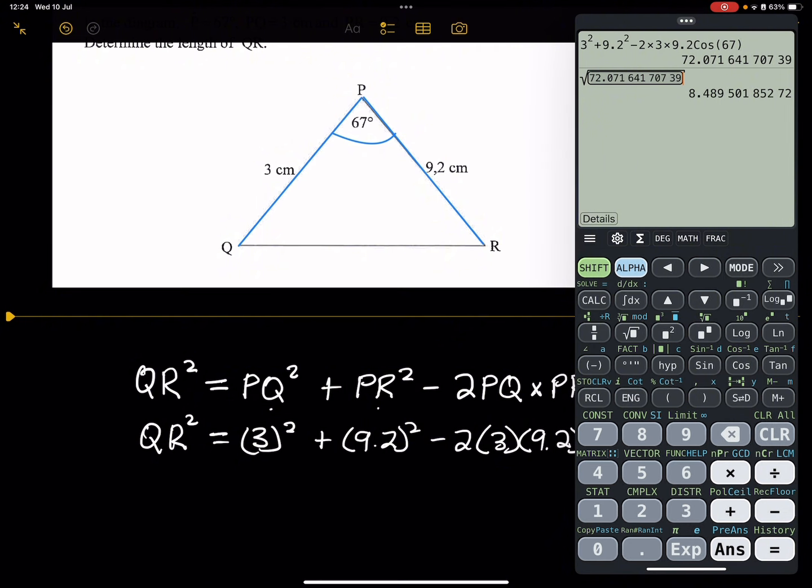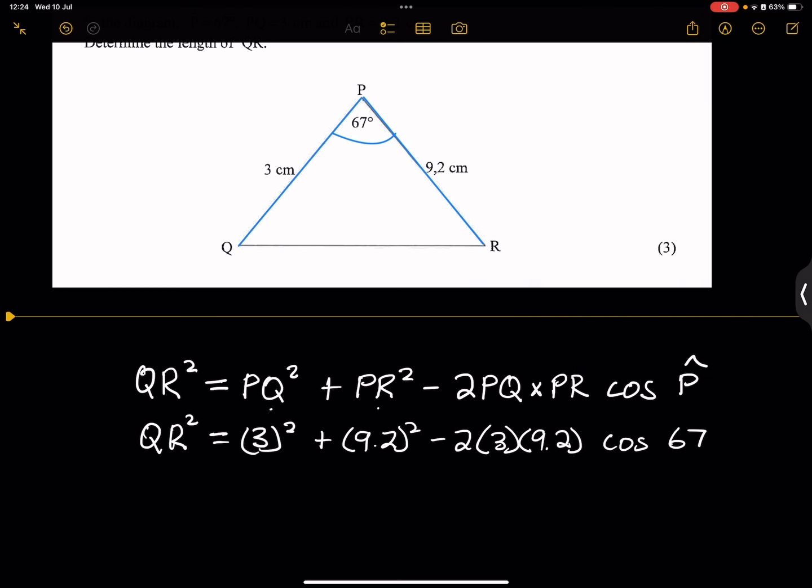But if it's to 2 decimal places, I'm just going to say 8.49. So the value of QR would be equal to 8.49. And remember, our units are given in centimeters. So that is how I would get the value of QR.